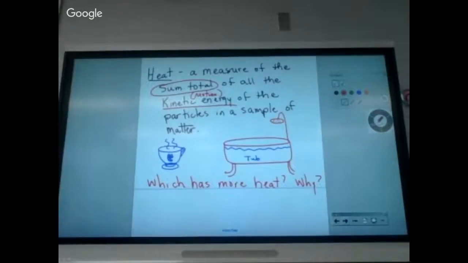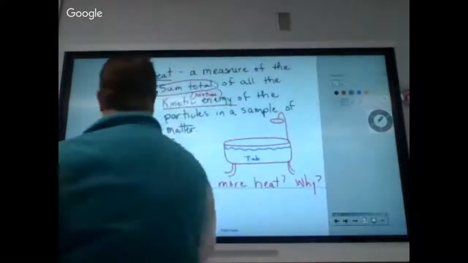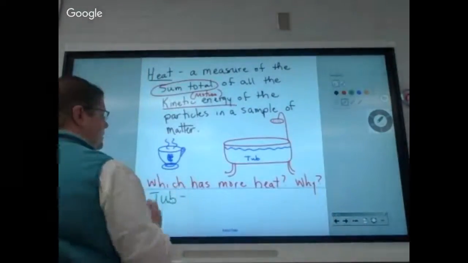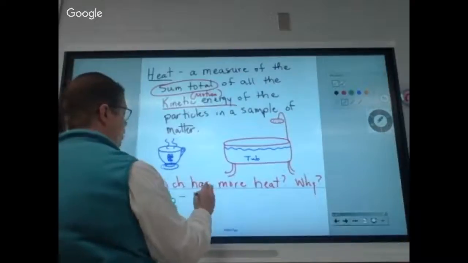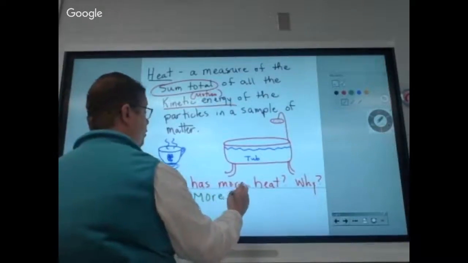Sum total. Oh, so the tub. Is that more space? It's more, not space, more stuff. There's more stuff in it. It's about size. The tub has more heat because there are more particles.